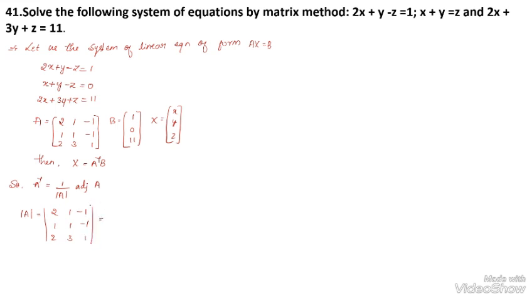Finding the determinant value here. That is 2 into 1 minus 1, 1 into 1, 1. 3 minus 1, minus 3. Here 1, 3, that is plus. Minus 1 into, I can solve by using the column. Neglecting the second row, first column, 1 into 1, 1, 3 into minus 1, minus 3. Minus becomes plus.